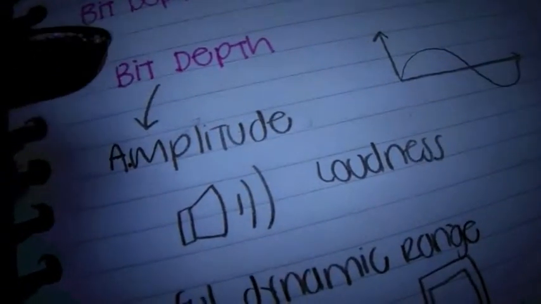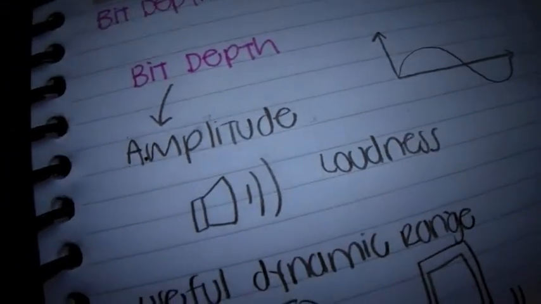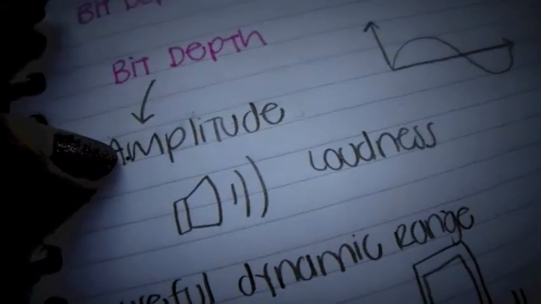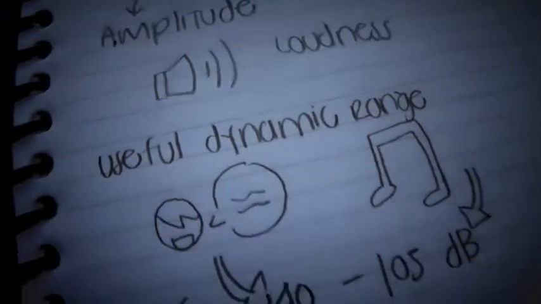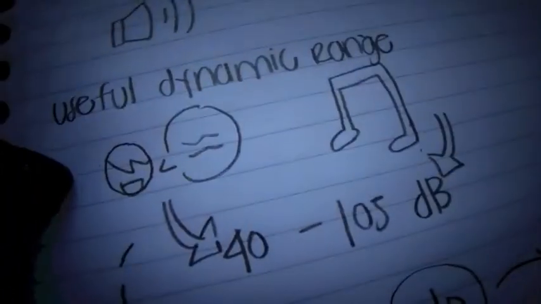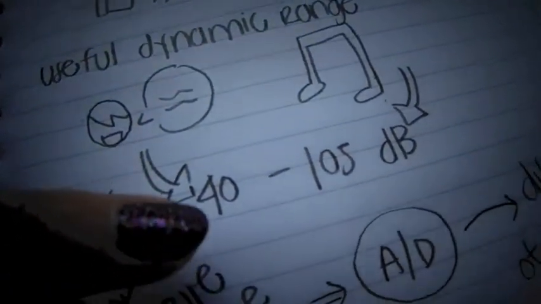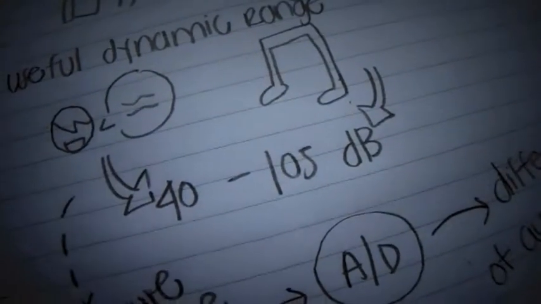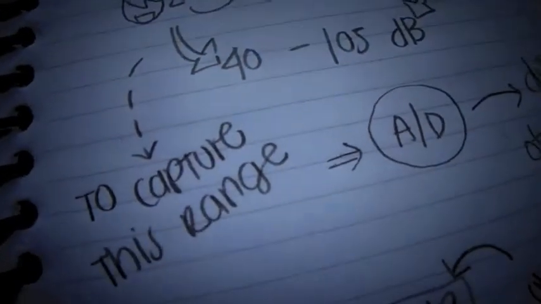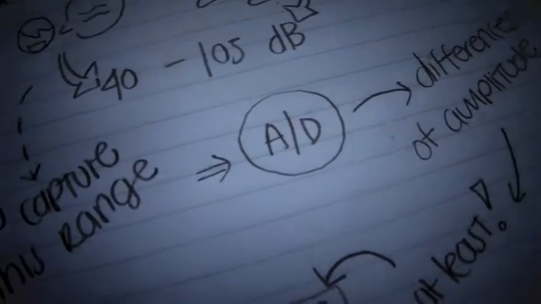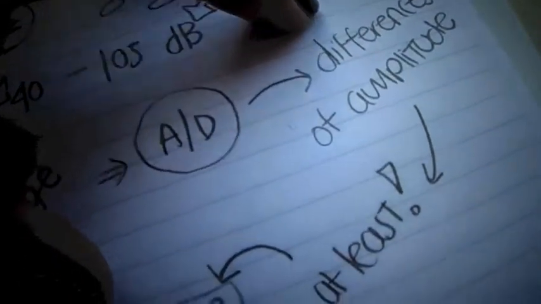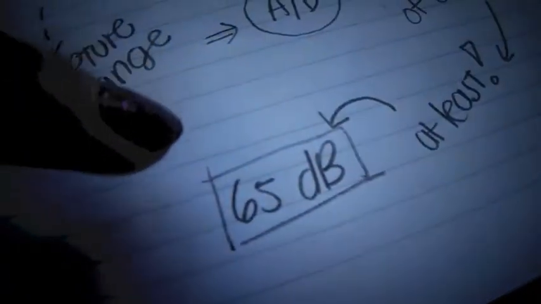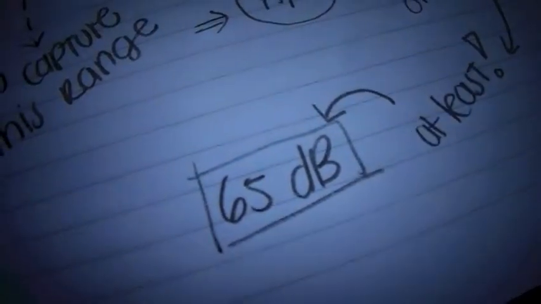Finally, we're going to talk about bit depth, which, remember, affects directly the amplitude, which is usually perceived as the loudness of a sound. Now, the useful dynamic range of speech and music goes from 40 to 105 decibels. And to capture this range, the AD converter has to be able to accurately represent these differences of amplitude of at least 65 decibels.